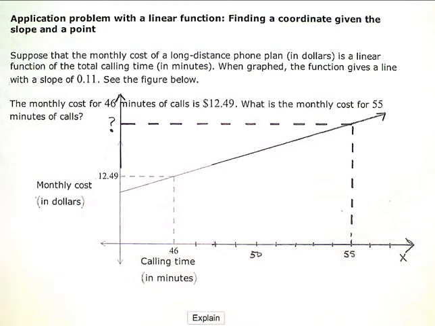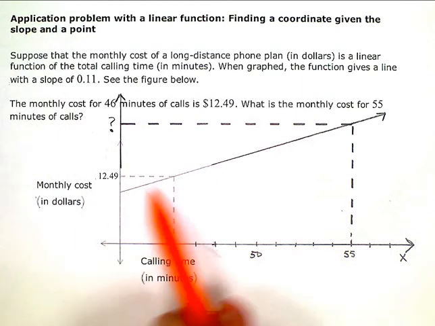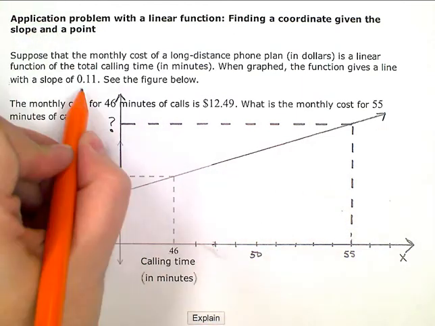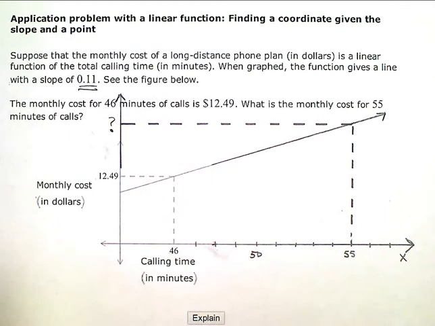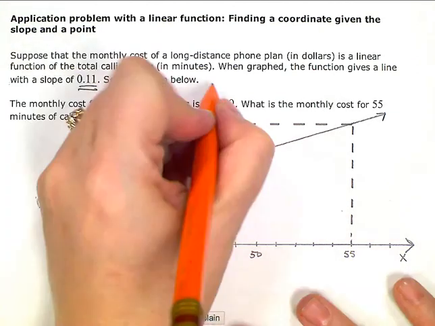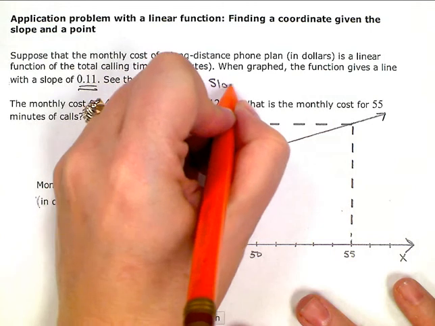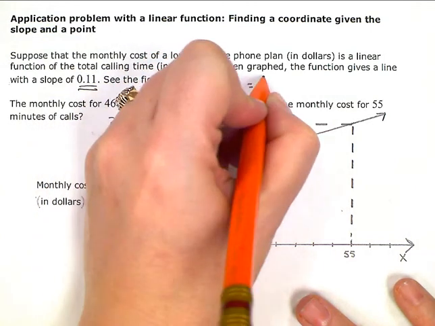Okay? And we need to use the slope because the other information they gave me is the slope of this line. Now we need to think about what slope means exactly. Okay? So slope, I'll write it right here, is the change in y.